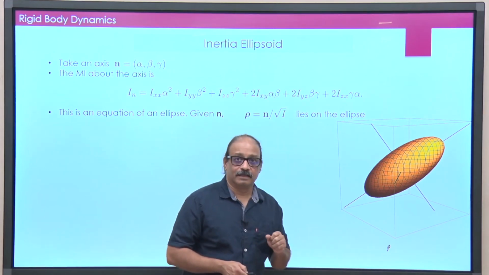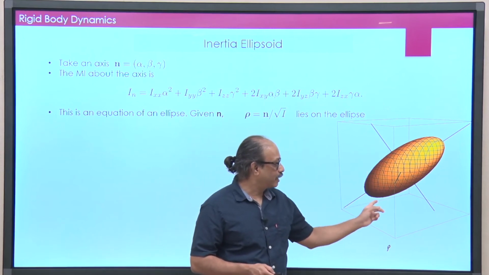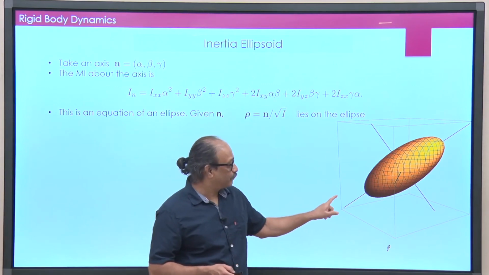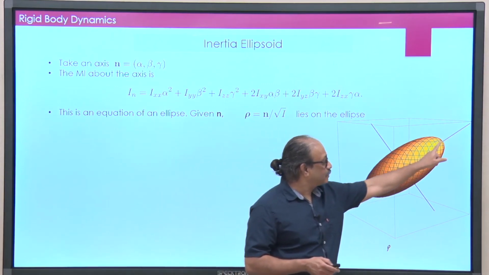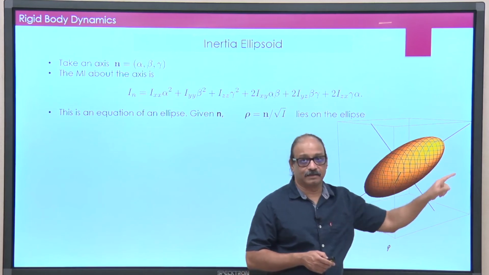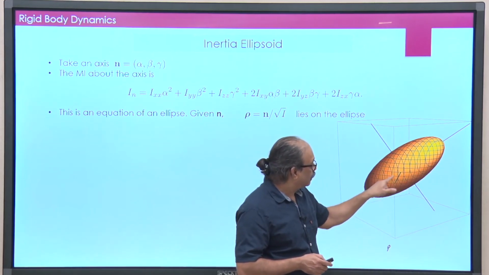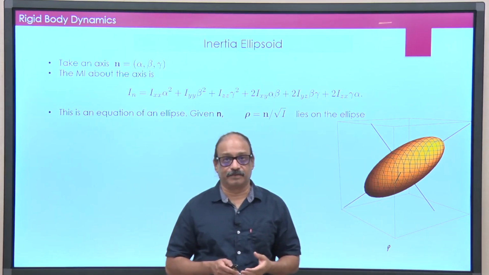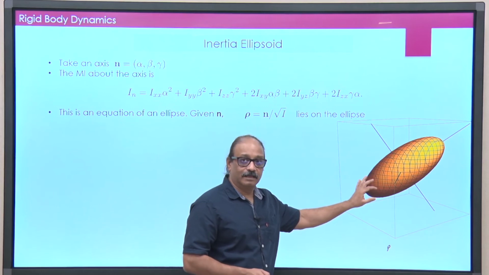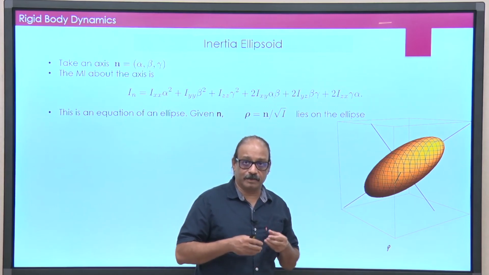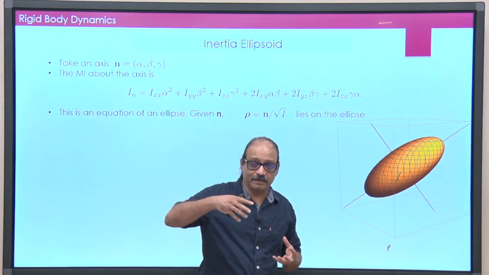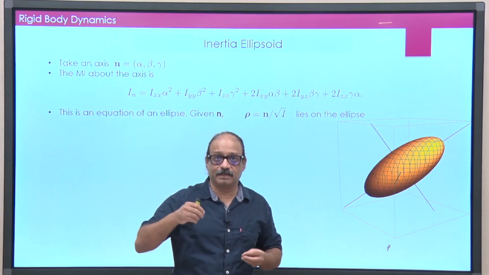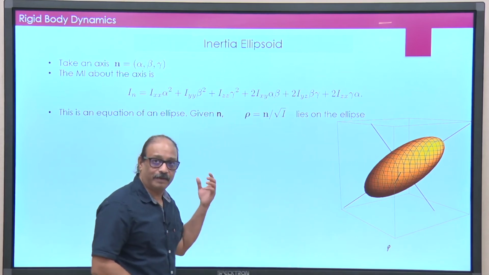In that case, the inertia ellipsoid looks like this, and you can now start recognizing various things. First of all, this axis here is the 1 1 1 axis. These two are the remaining two principal axes of the body. So, you can immediately see that the inertia ellipsoid is arranged in space in such a way that the axes of the ellipsoid are coincident with the principal axes of the rigid body.